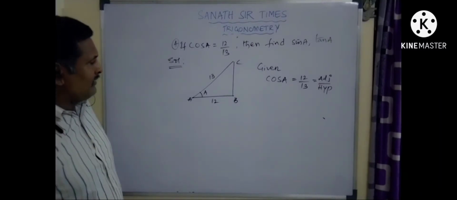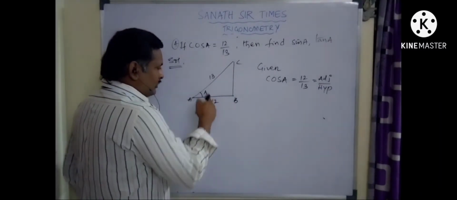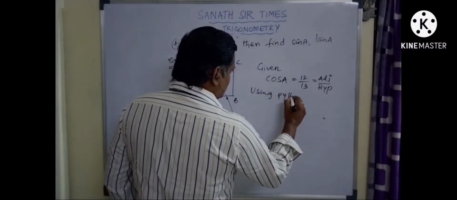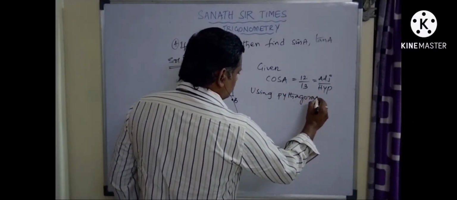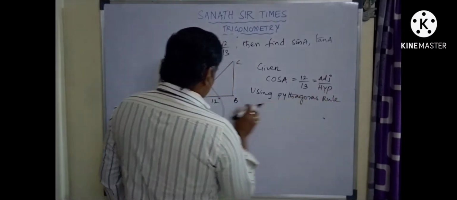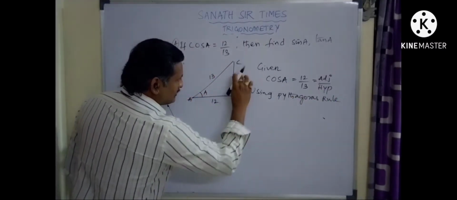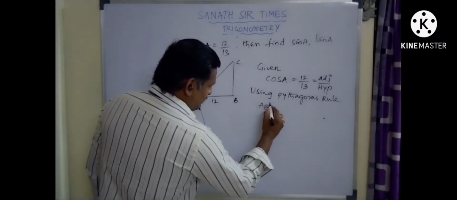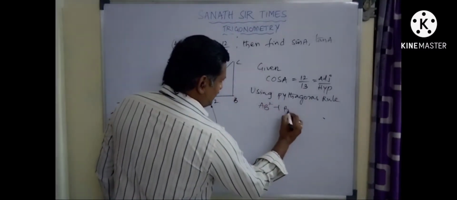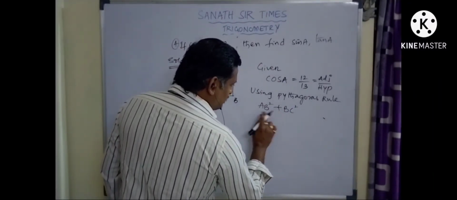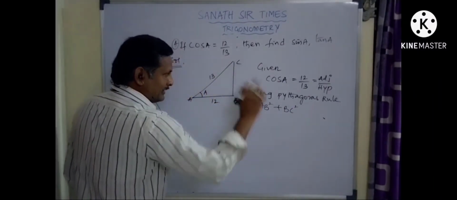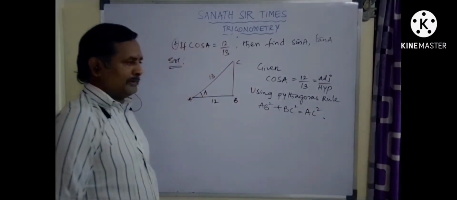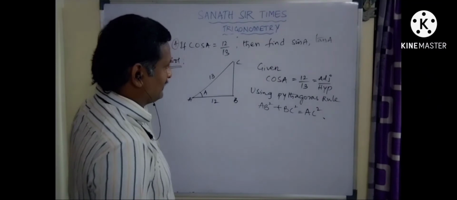Okay. Now once these two sides are known, again using Pythagoras rule, the sum of the squares of two smaller sides, that is AB square plus BC square, is equal to square of the third side or the bigger side. That is called Pythagoras rule.